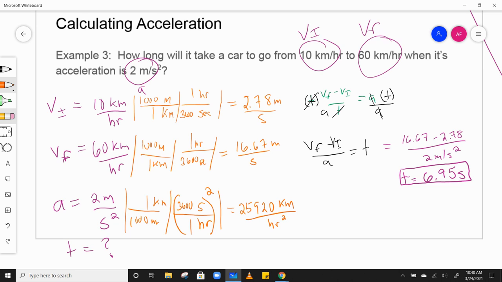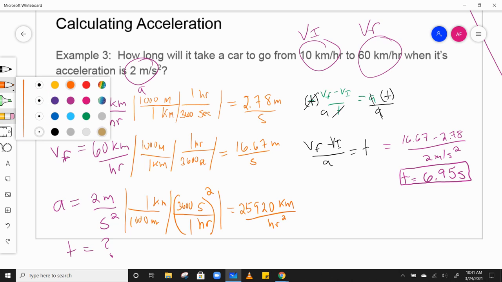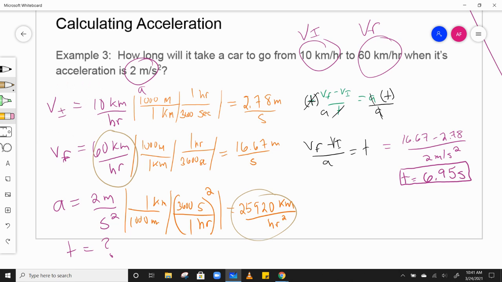Okay, so now if we take all of these numbers and plug them into the original equation, we get 60 minus 10 over 25,920. And we get 1.93 times 10 to the negative third. But that would be in hours.